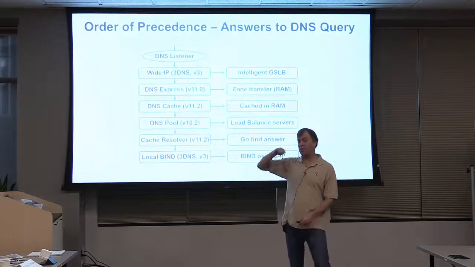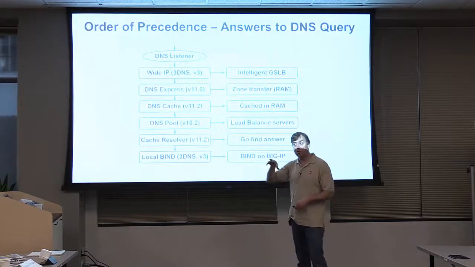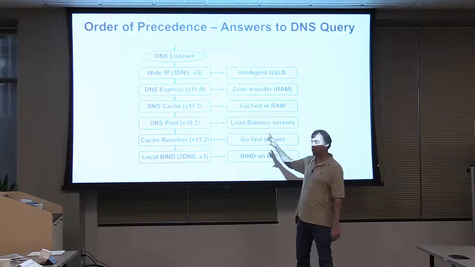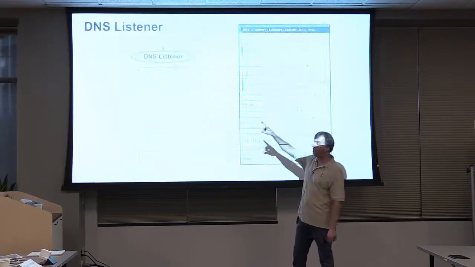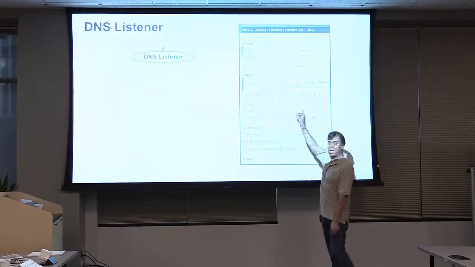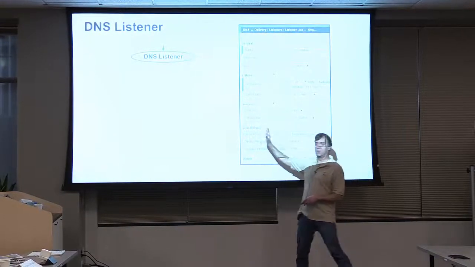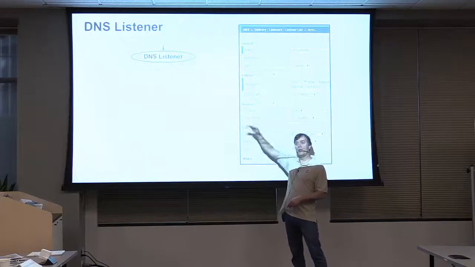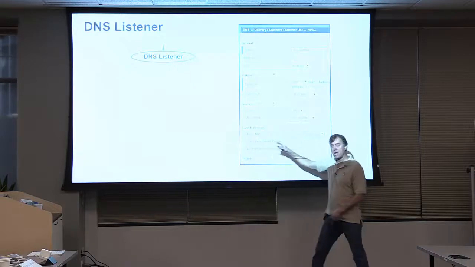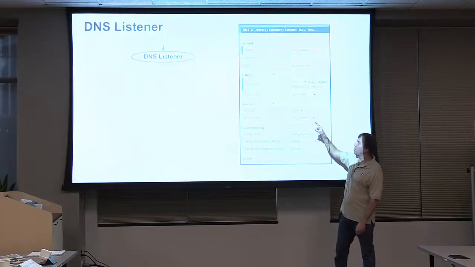Right? So order of precedence. When you get into the lab, there's a few screens you're going to go through. Let's walk through those screens in terms of this picture here. So first, we go configure the listener, and you go into the DNS GUI. That's local traffic, network, and then DNS on the left-hand side here. Go into the DNS GUI, and we're going to configure the actual listener.